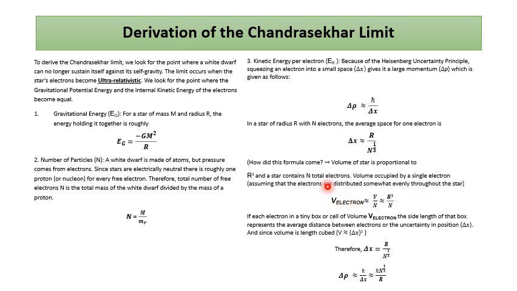Therefore, the volume occupied by the electron will be proportional to R cubed by N. Now, if each electron is in a tiny box or cell of volume V electron, the side length of that box represents the average distance between the electrons, or the uncertainty in position. Since volume is a cube of this length, we take the cube root, and we will have R upon N to the power 1 by 3.